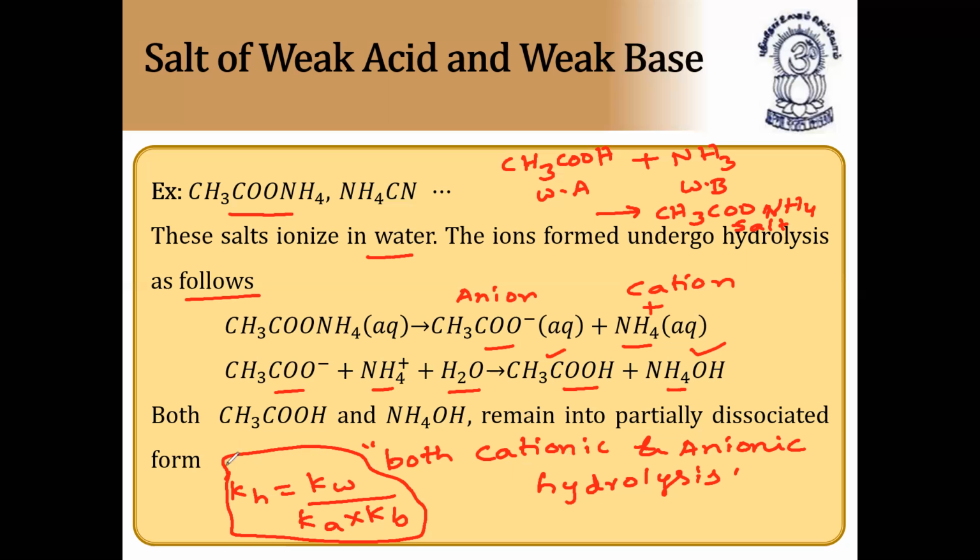To find the hydrolysis constant for this type of salt, we use the formula KH is equal to KW by Ka into Kb. KW, that is the ionic product of water, by the dissociation constant of acid into the dissociation constant of base. Please note down this in your classwork.